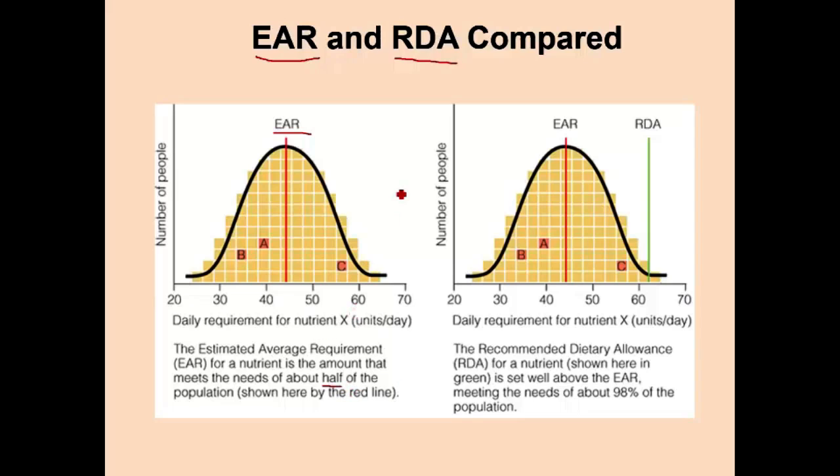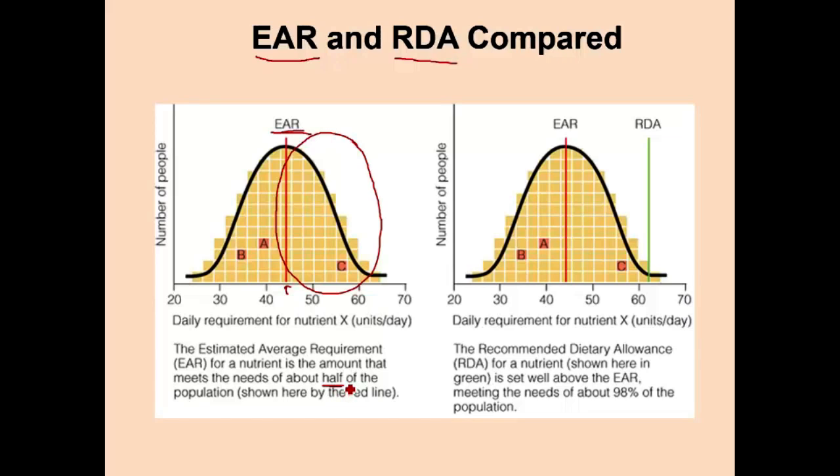Let's take a look at this graph right here. This red line is showing the EAR of a specific nutrient, and this is just calling it nutrient X. If the RDA was set at this same level, this half of the population would be deficient in that nutrient, because this is showing just meeting the needs of half of the population.